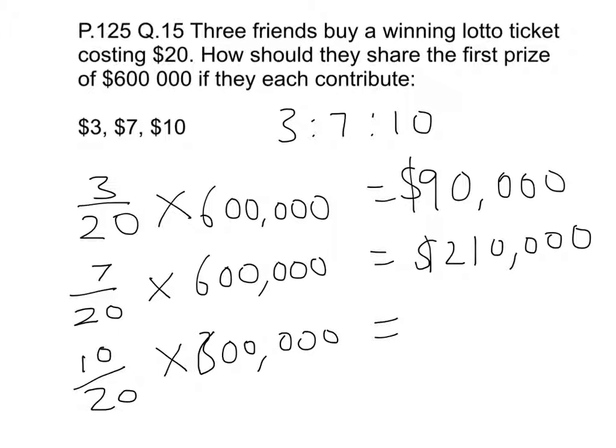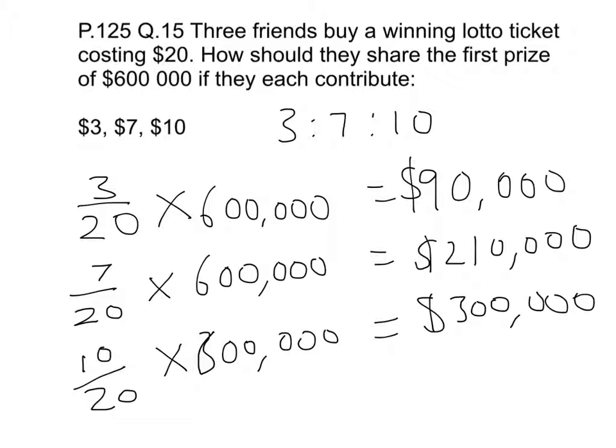And if you need to use a calculator, that's okay, but you should know that 10 over 20 is half, or the equivalent of 1/2 in decimals is 0.5. So if you multiply 600,000 by 0.5, you'll get 300,000. Basically, you're just halving the total prize money.